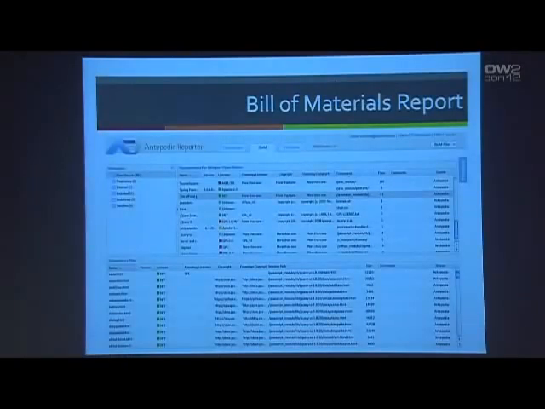Once you get into Antepedia Reporter, this is one of the first pages that you're going to see, the bill of materials report. From here, the bill of materials is bringing in the information that was just scanned as far as components and the dependencies of the components.